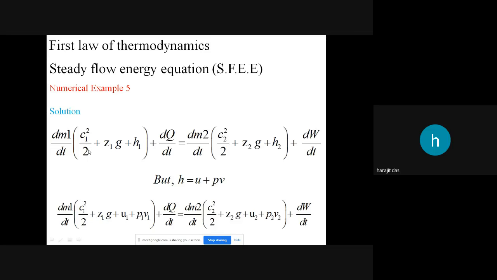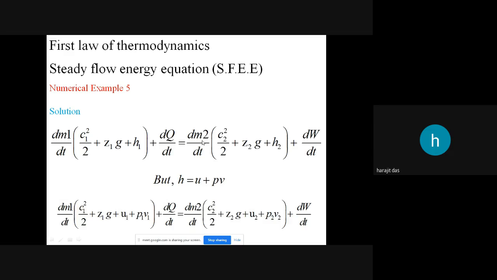At the end of the steady flow energy equation, you can see the time basis equation: dm1 by dt times (h1 plus c1 square by 2 plus z1 g), then dQ by dt, the energy term for heat, and the energy term for work done on the right hand side. So these things will be the same.